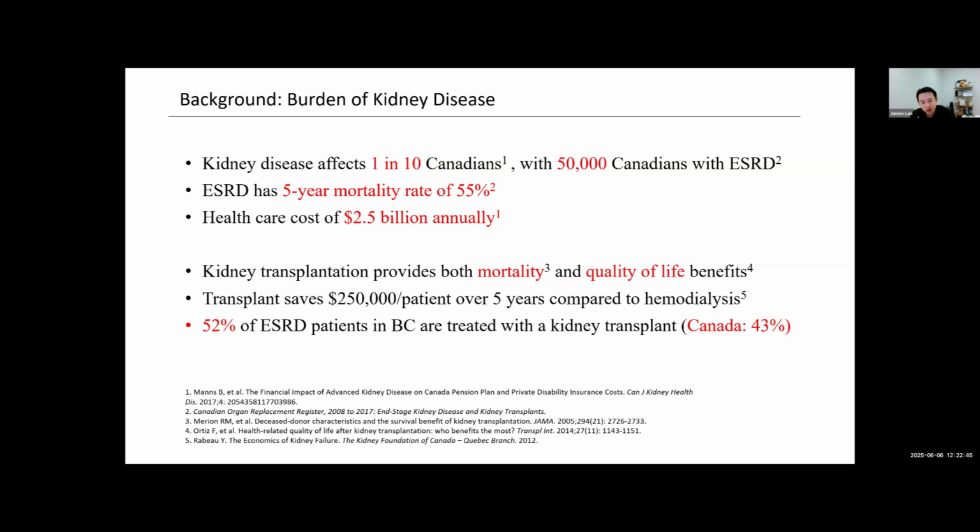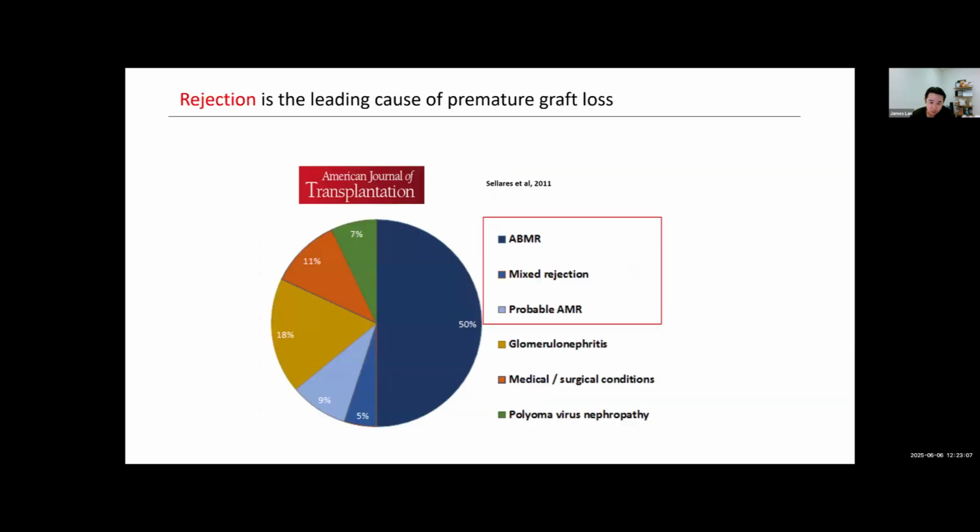We do about 1 kidney transplant a day in BC. And in BC, and we're very proud of this statistic that you see here, because I don't know that anywhere else in the world anyone can do this, there is currently more patients with end-stage kidney disease treated with a transplant than being on dialysis. You can see the national average, so we're way above that in BC.